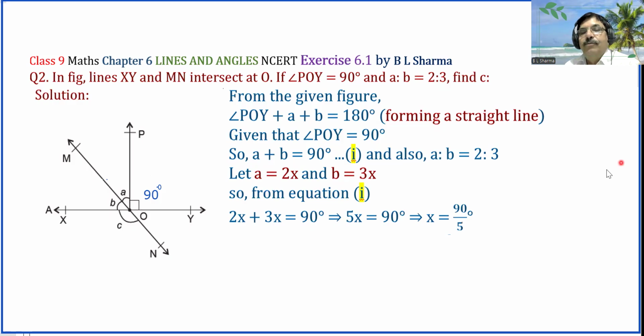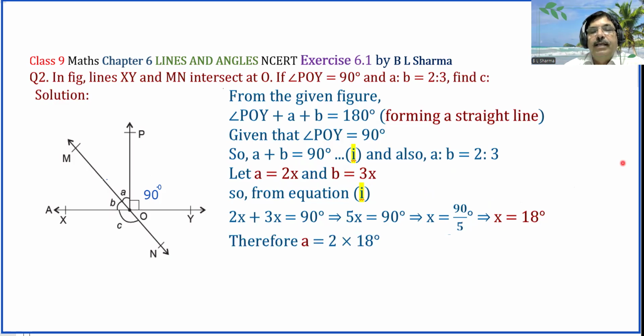And what is 90 upon 5? That is 18 degrees. The value of x is 18 degrees. So see, here A is 2x. In place of x, write 18. So 2 into 18, that is 36. The value of B is 3x. So in place of x, you write 18. So 3 into 18, that is 54.